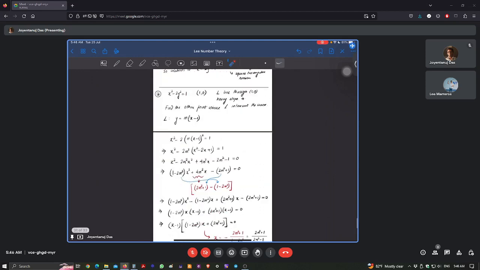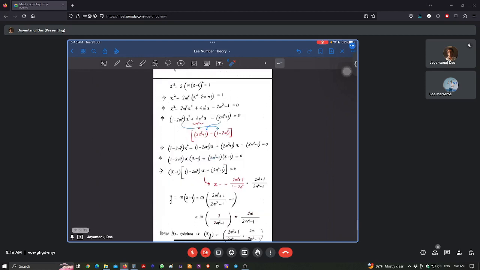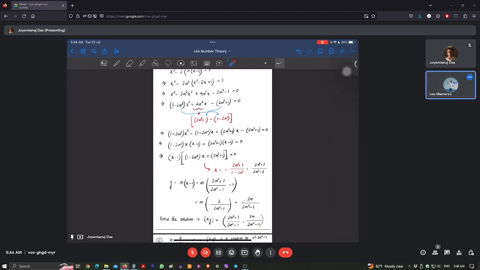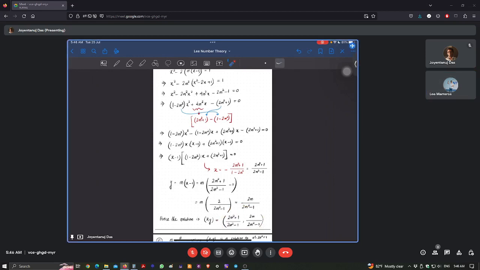So by substituting, we find that the point at which the line L intersects the curve again is given by this expression, right? So you already know that this is a solution to the equation x squared minus 2y squared equals 1.